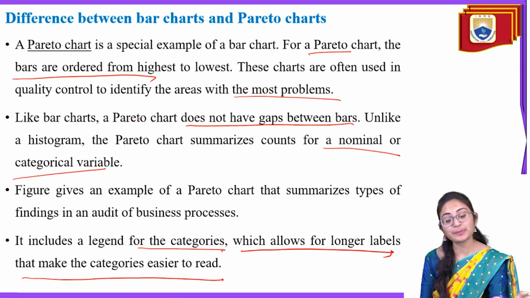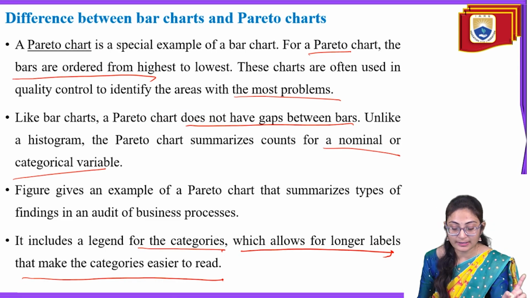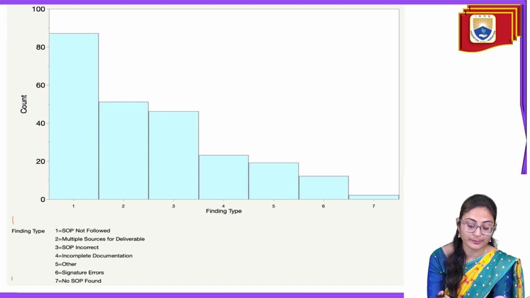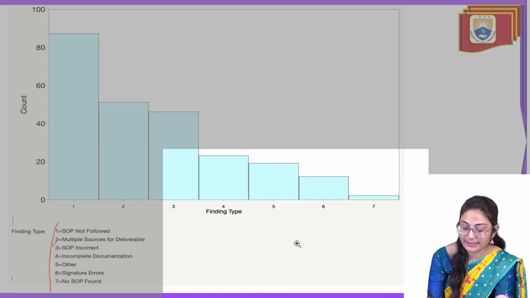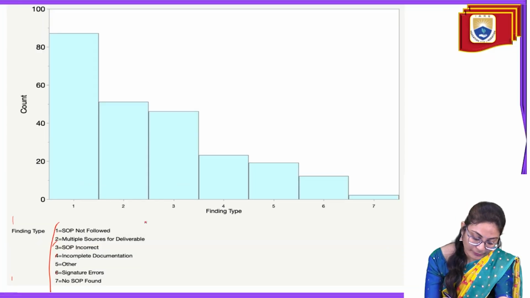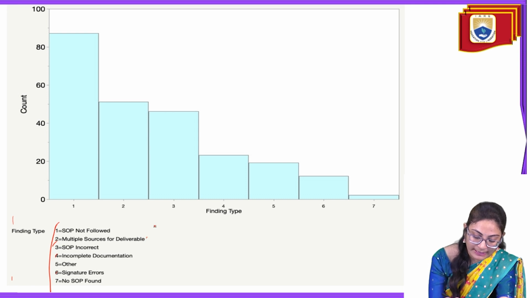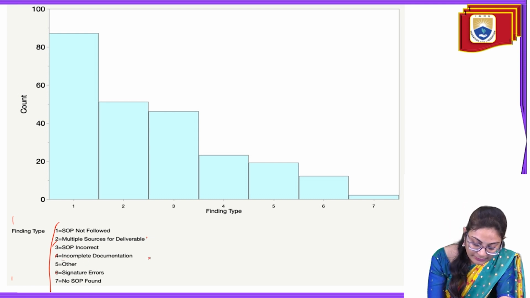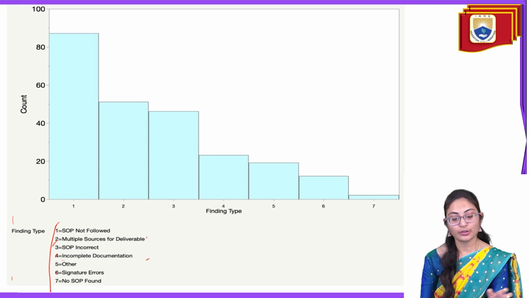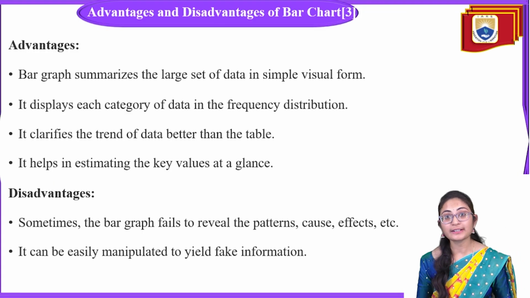In a bar chart there will be gaps, but in the Pareto chart there will be no gap between the two bars. You can see there are different groups, 1, 2, 3, 4, 5, 6, 7. There are 7 groups. SOP not followed. Then second is showing the multiple sources of the deliverable. Then incomplete documentation. Everything is showing in the form of the Pareto chart.